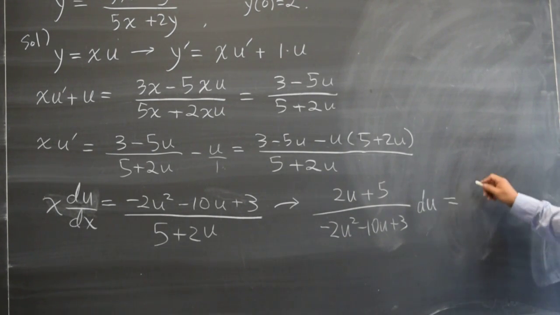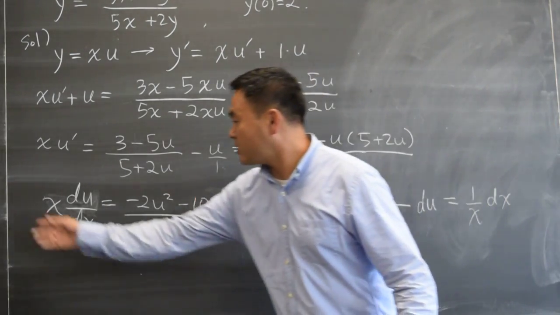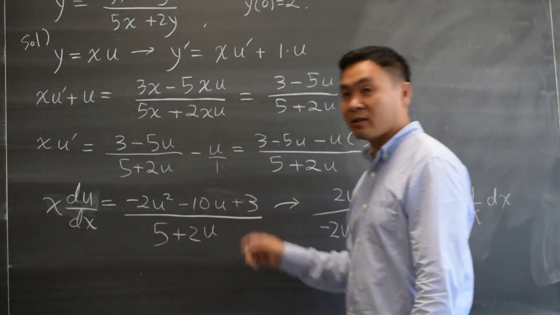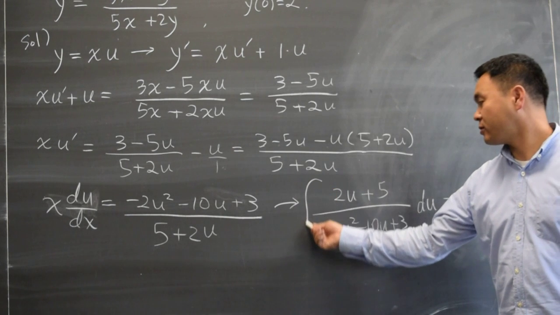So x becomes 1 over x, and dx, instead of being in the denominator, becomes on the top. You see how I'm dividing by this, dividing by that, dividing by that. Now you integrate both sides.